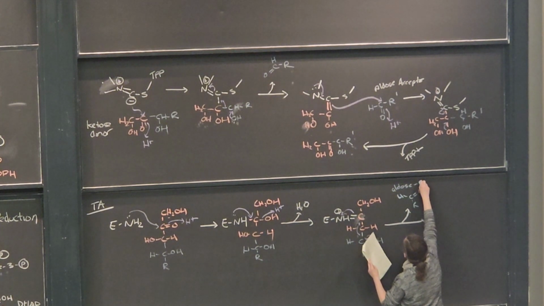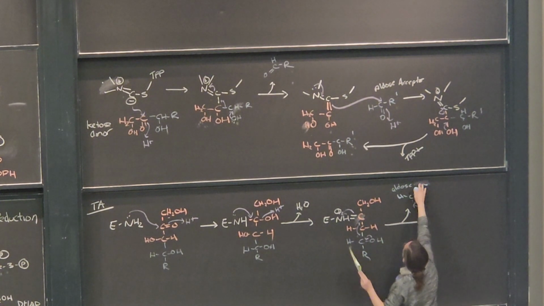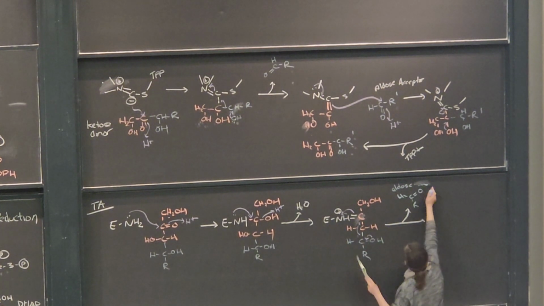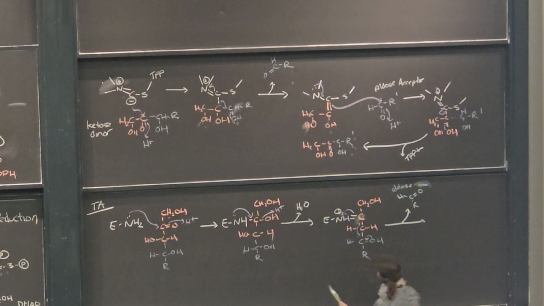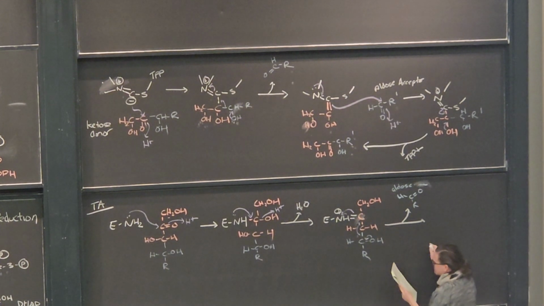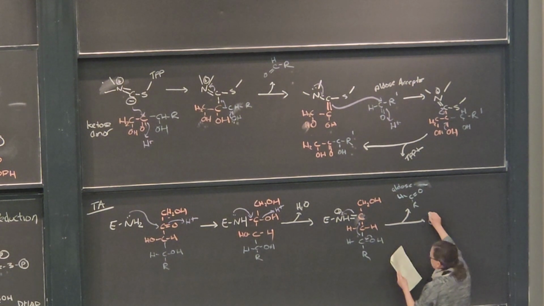Okay, so this is an aldose minus 2 carbons. And it's an aldose that's derived from the ketose, and it's 2 carbons shorter than the ketose. Sometimes I find the minus and plus nomenclature a little bit confusing. And we're left with this covalent intermediate on the enzyme.